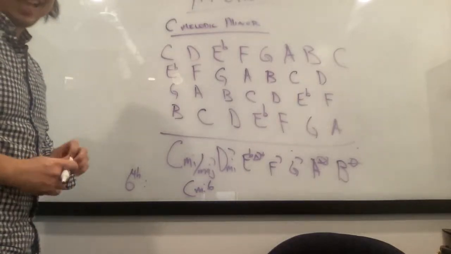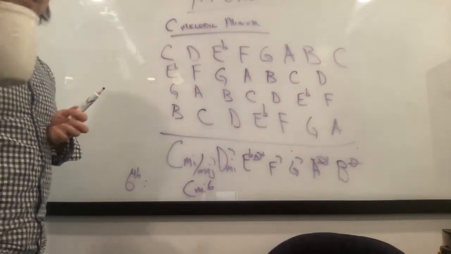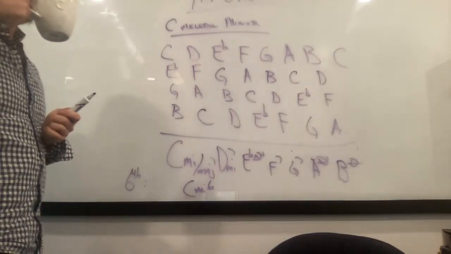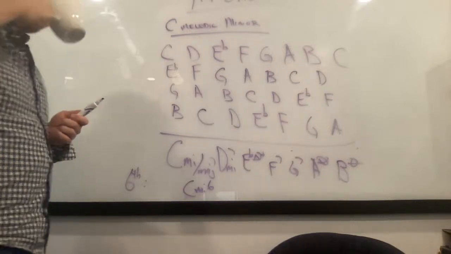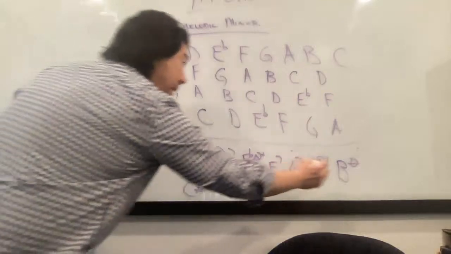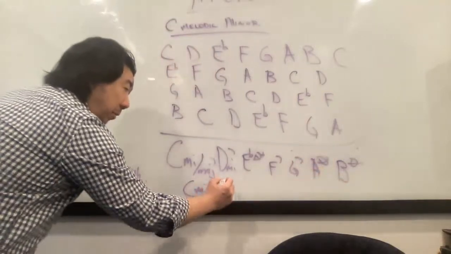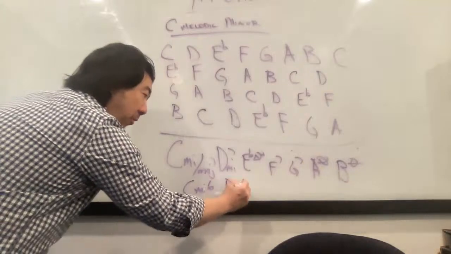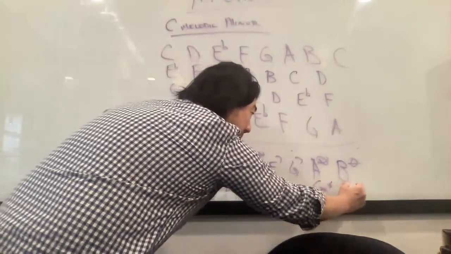You guys feel like you're in class? Theory classes. I'm going back to my theory days in music school now, sitting in the back of the class. Thank you, John. B half dim is equivalent to D minor 6. I got to remember what I said. C minor 6, they're the same thing. D minor 6. So yes, you have 2 minor 6 chords next to each other.